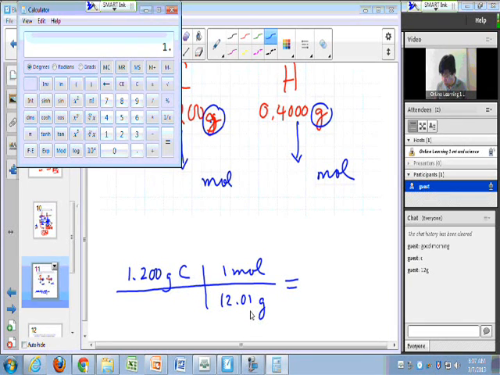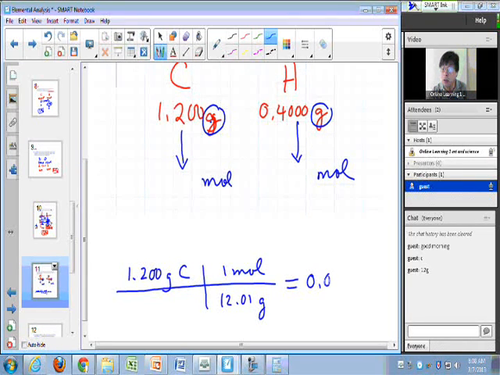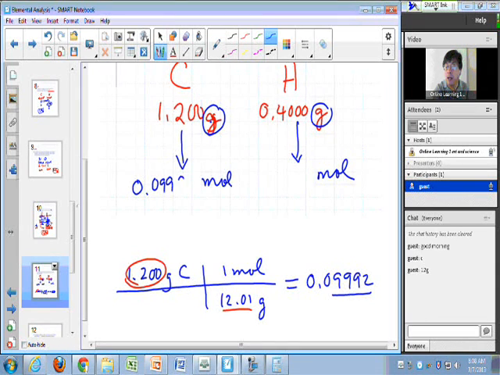When doing this, 1.200 divided by 12.01 gives you 0.09992. Okay, 4 sig figs, because you have 4 sig figs in 1.200. That's why you need at least 4 sig figs for your molar mass. Okay. So this is 0.09992 moles.